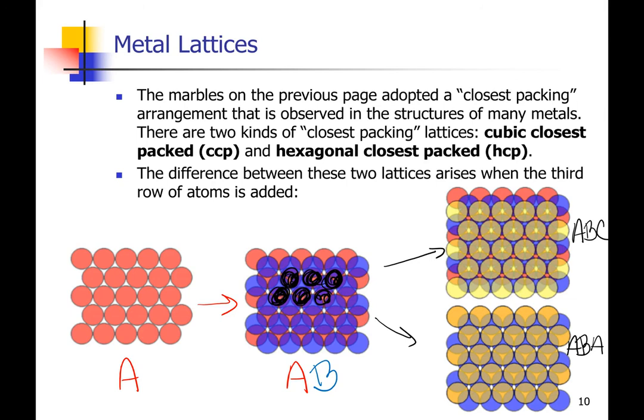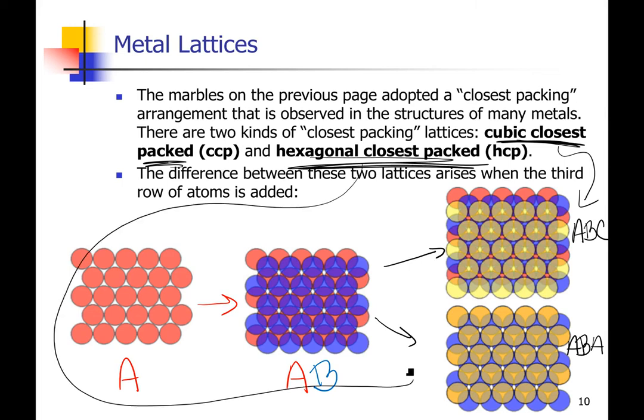This top pattern here is referred to as cubic closest packed, abbreviated CCP. Many metals have their atoms in a cubic closest packed arrangement. The bottom one is referred to as hexagonal closest packed. And there are also a lot of metals whose atoms naturally arrange in a hexagonal closest packed arrangement.